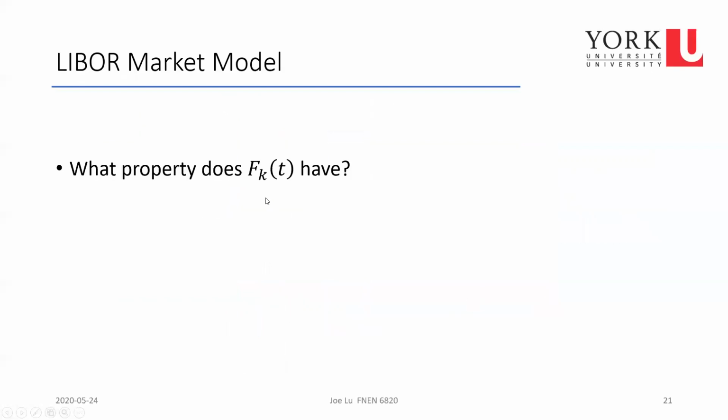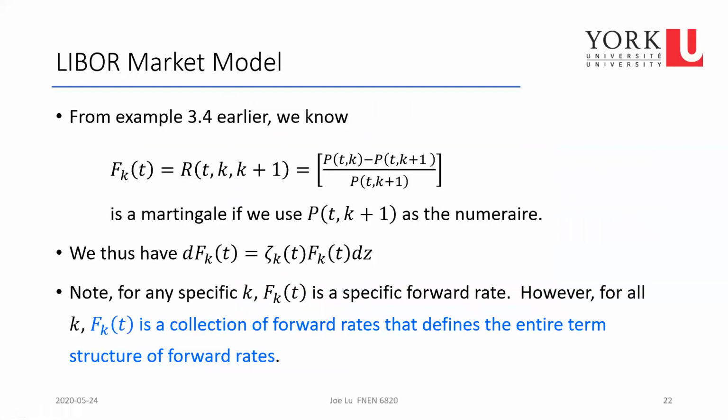So with that, what property does a specific forward rate that we observe right now, and whose evolution we model in the future, have, or that whole set of rates will have? Well, first of all, let's take a look at what a forward rate is, just to recall how we derive the rates.